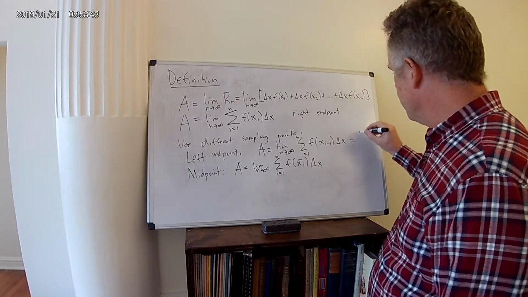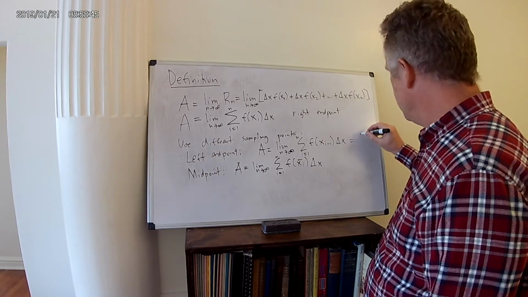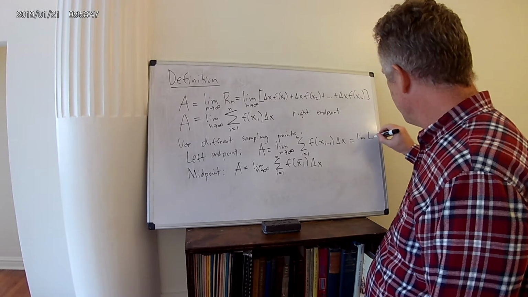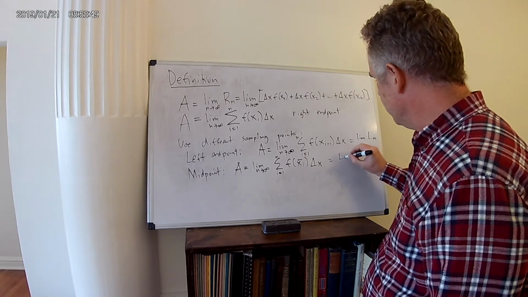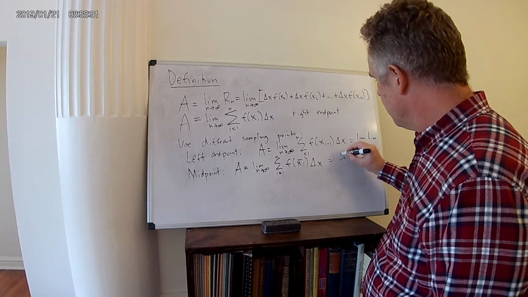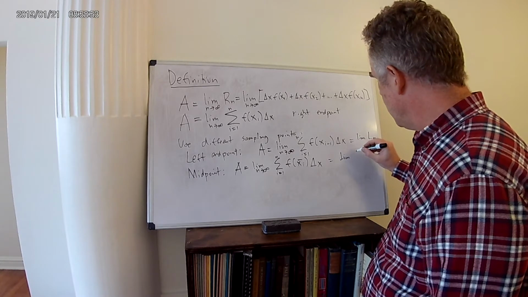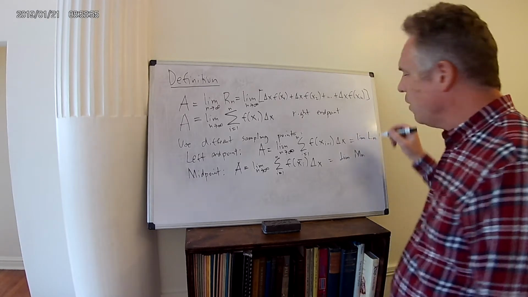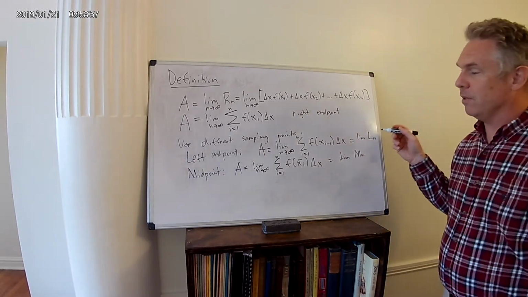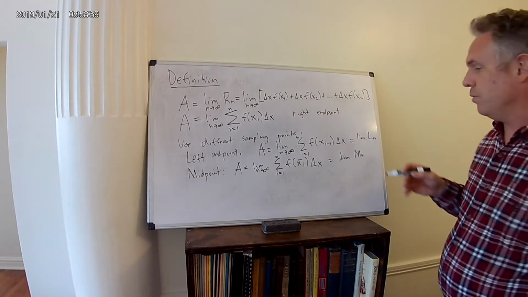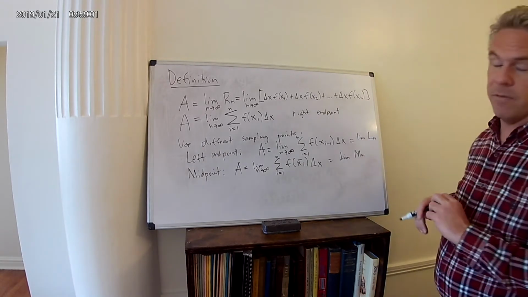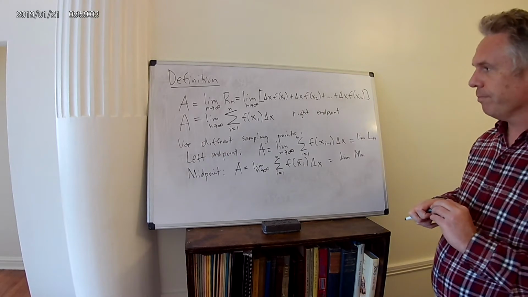This is often referred to as M sub n, the limit of M sub n. So L sub n stands for we're evaluating at the left endpoint of our intervals. M stands for evaluating at the midpoint of our intervals.